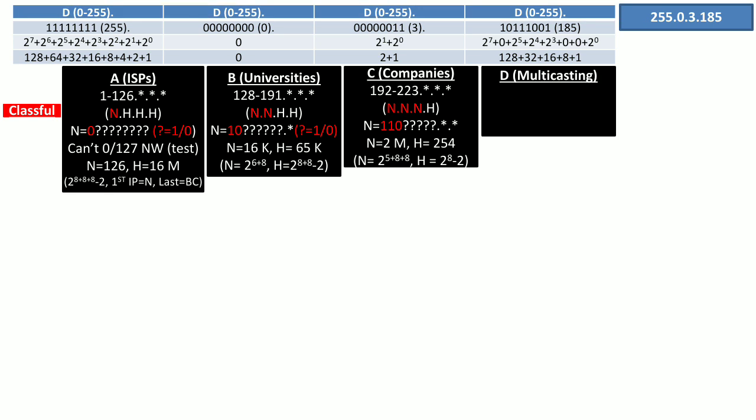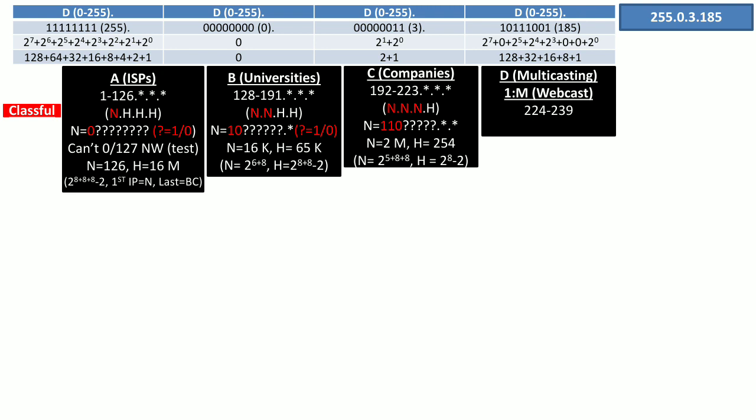Then there is class D addressing, which is used for multicast, where you want to send traffic to a particular set of networks. For example, webcasting a webinar to multiple networks.